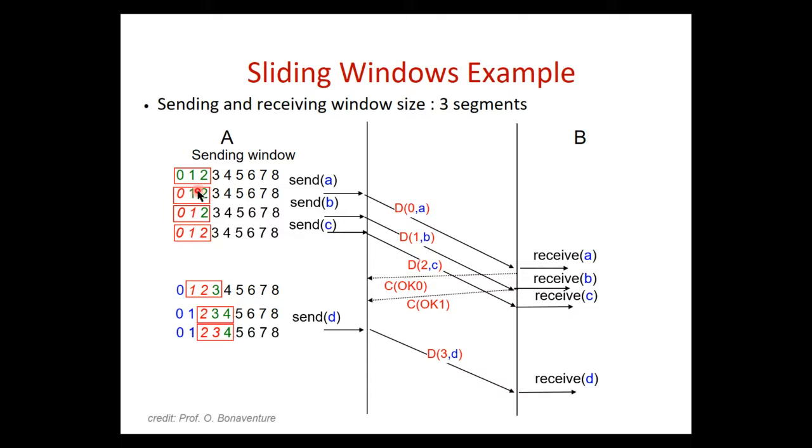Also here in the slide, the sequence numbers which are not yet used to send a packet are shown in green, and the ones which have been used to send a packet are shown in red in italics. Okay, so 0 is used, 0 and 1 have been used, 0, 1, and 2 have been used. So the sender has to wait for the ACK.